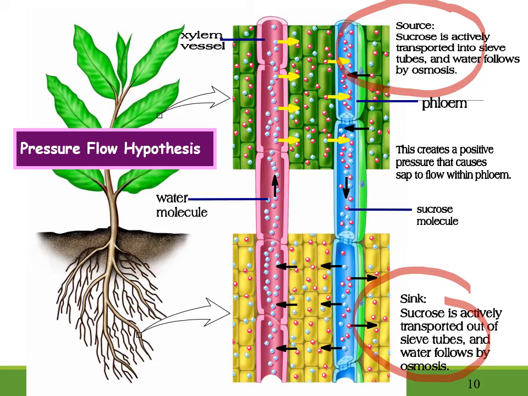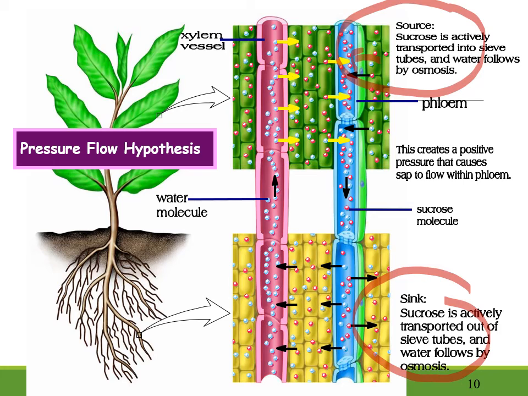Mesophyll cells in the leaf synthesize sugar by photosynthesis. Sucrose is transported actively from the source into the companion cell, then into the sieve tube in the leaf.